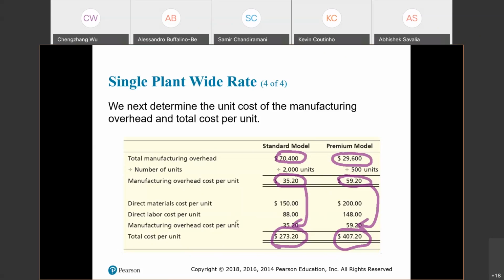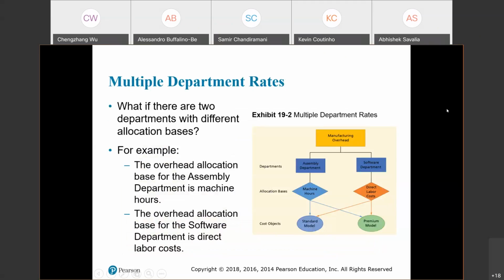If not, another allocation method is needed. Next, we will see another allocation method that is a more accurate way to allocate this $100,000 overhead.